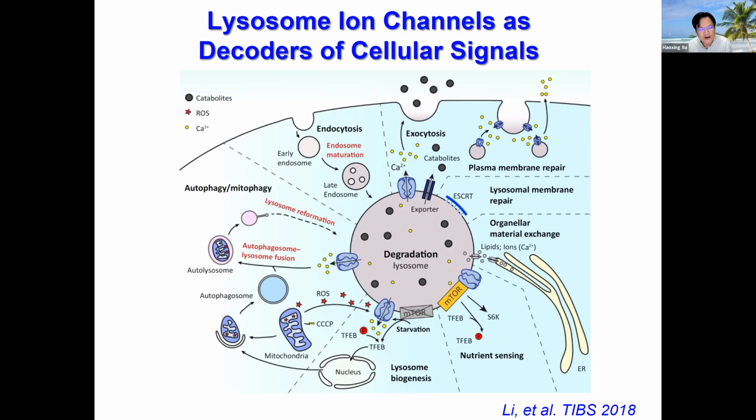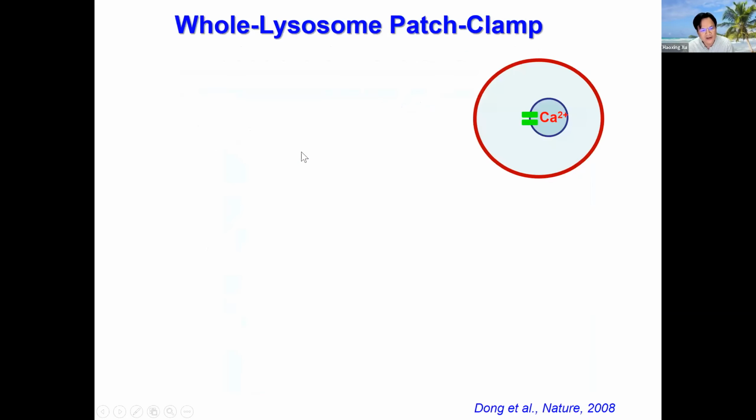To study how lysosome degradation is regulated, some years ago, actually 15 years ago, we developed the lysosome patch clamp technique. In this method, we enlarge the lysosomes with small molecules like vacuolin, and now we have other ways to enlarge lysosomes as well.